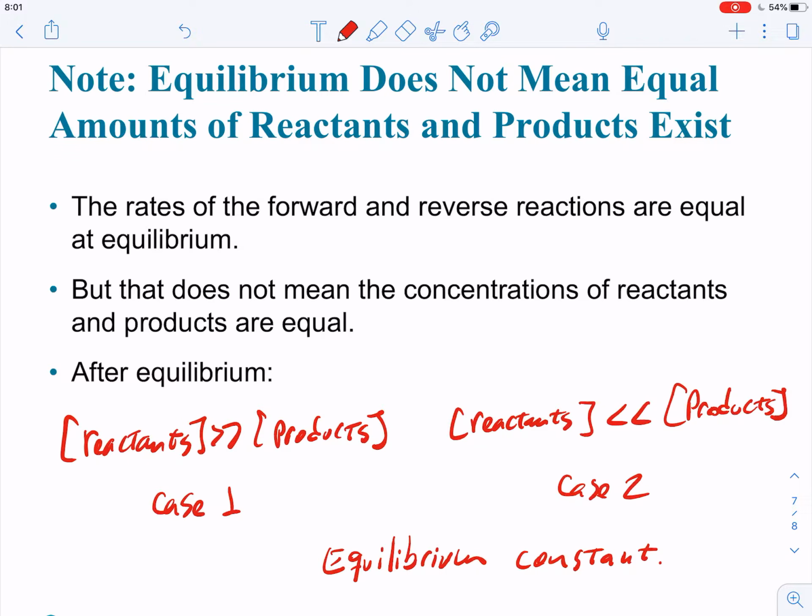Those reactions are not stopping, the reactions are constantly happening, but the speed at which those reactions, the forward and the reverse, are happening is the same. What the concentration of reactants and what the concentration of products is going to be depends on the equilibrium constant. And that is material for a different video.